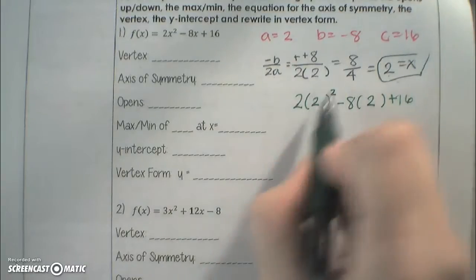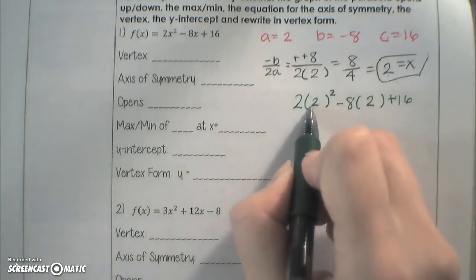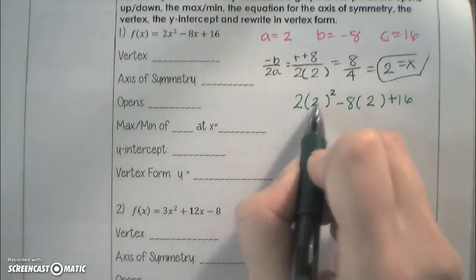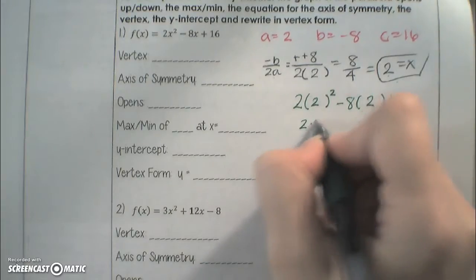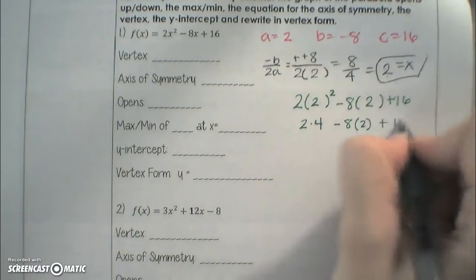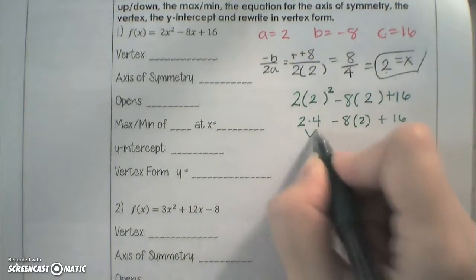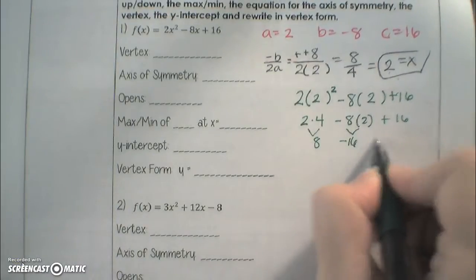So now we want to take 2 squared. Make sure that you're squaring first. Remember, order of operations, exponents first. So 2 times 2, or 2 squared, is 4. Then we'll go ahead and do our multiplication from that point. So here's 8, negative 16, positive 16.